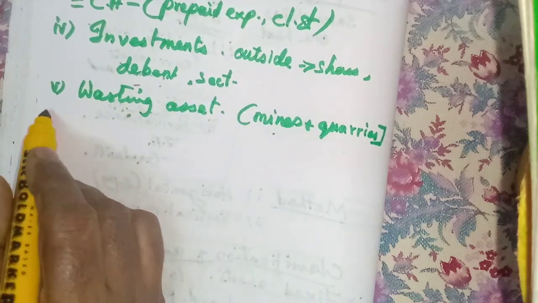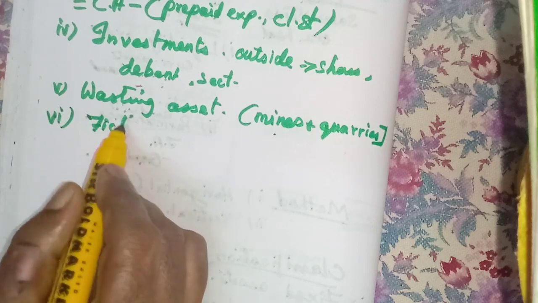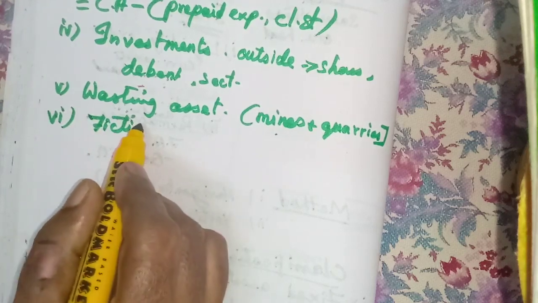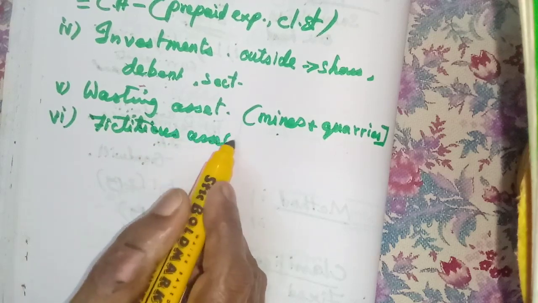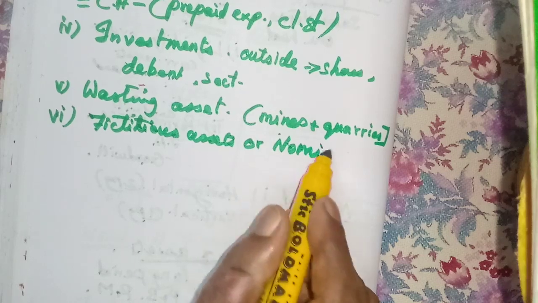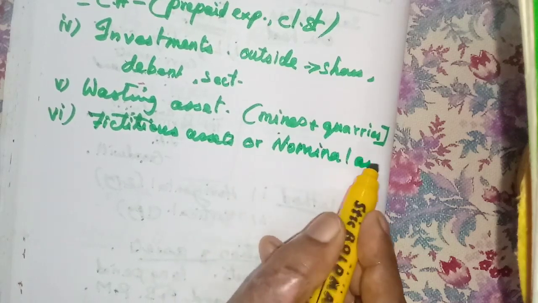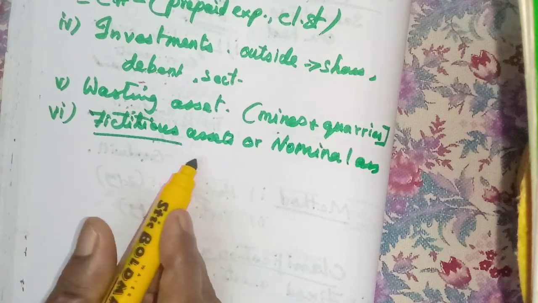Another asset is fictitious assets or nominal assets. Here there is no asset as such. We cannot show this as an asset.